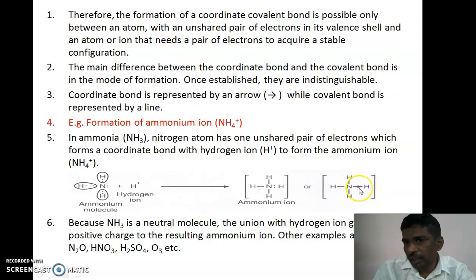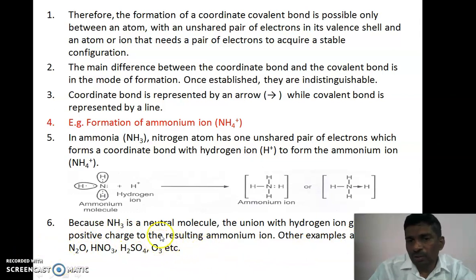It is shown by a one-sided arrow, which means nitrogen donates the electron pair and hydrogen accepts it. Ammonia is a neutral molecule, and union with a hydrogen ion gives a unit positive charge to the resulting ammonium ion, NH4 plus. Other examples are carbon monoxide, nitrous oxide, HNO3, H2SO4, and O3.